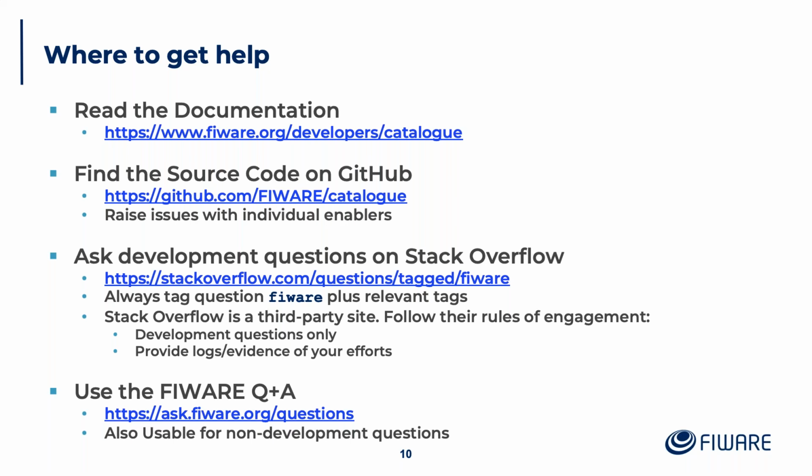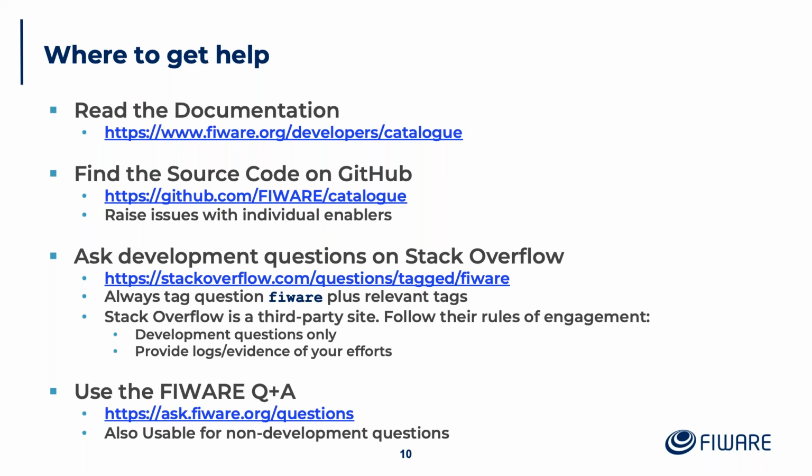If you have a problem there, which is a technical problem, it may make sense to raise issues within individual enablers. However, the usual place for putting in development questions would normally be on Stack Overflow. These are usually flagged within the README of the enabler in question, saying where we would actually accept questions.